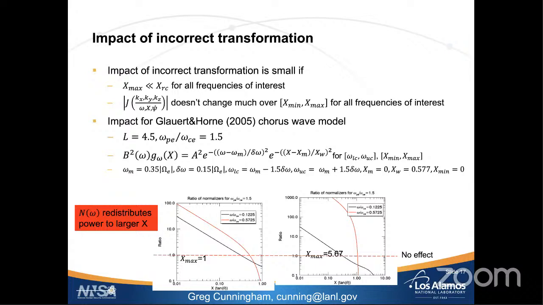So the impact of the correction that I'm proposing will be small if the Jacobian is constant over the range of integration in X, and X is much smaller than the X of the resonance cone.